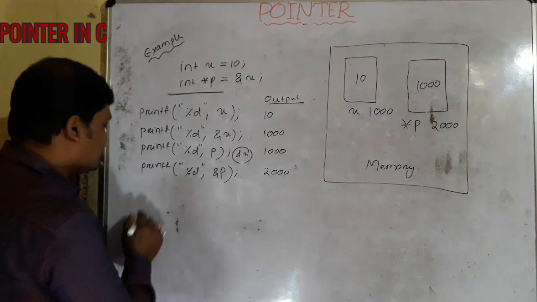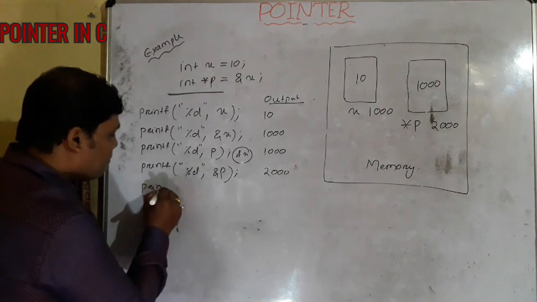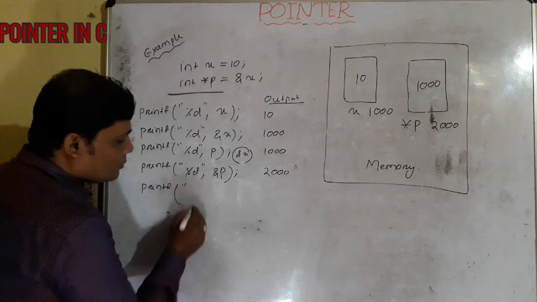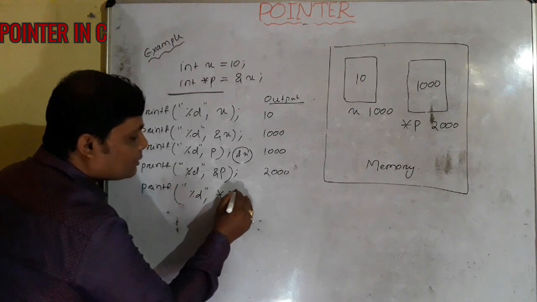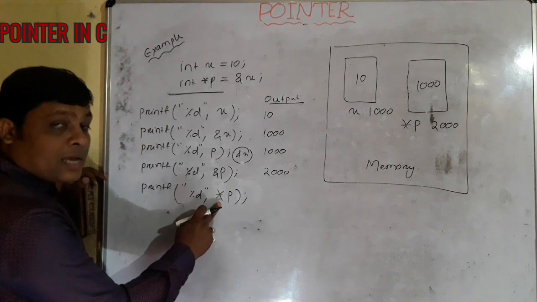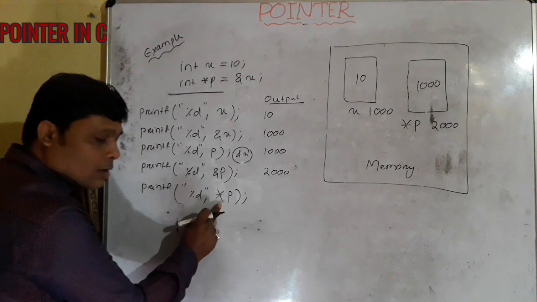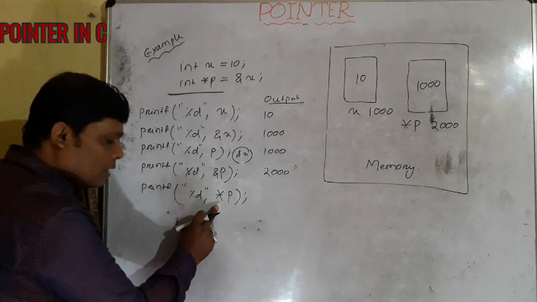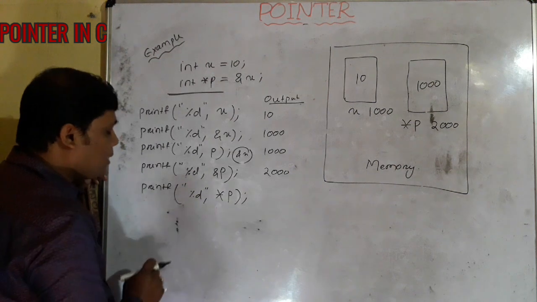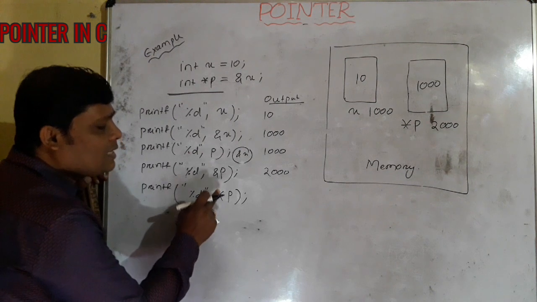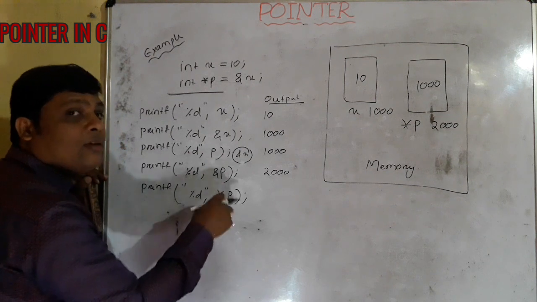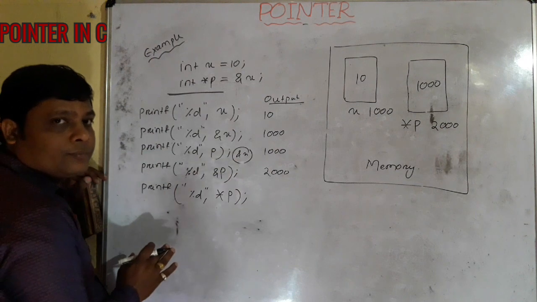So address of p. Then printf %d *p. *p means what? Star I have told, this is the indirection operator or dereference operator. Why is it called the indirection operator? Because it is indirectly giving the value of a variable.